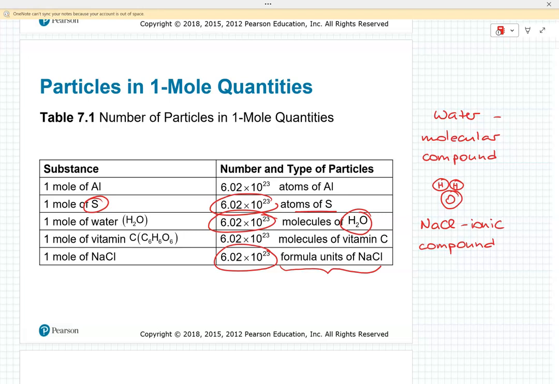When you look at a sodium chloride crystal, it is sodium chloride. Does that make sense? It is not composed of discrete NaCl units. This is why, when we talk about ionic compounds, we don't use the term molecule, we use the term formula unit. I'm going to give you one other example.